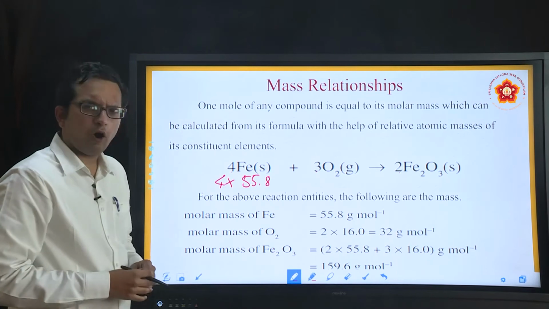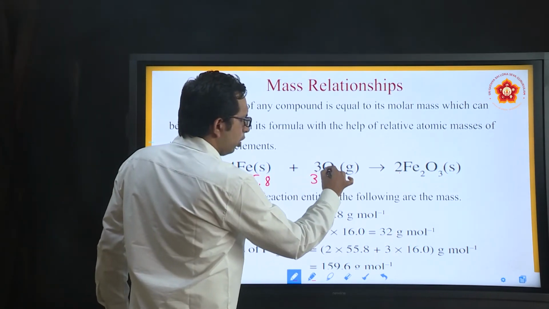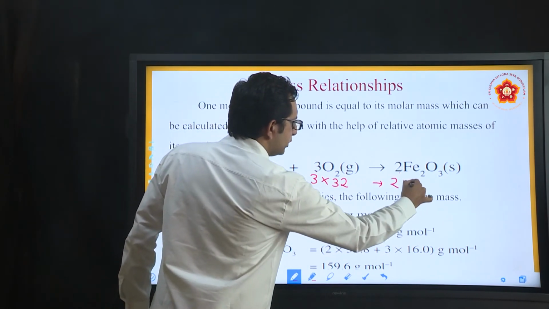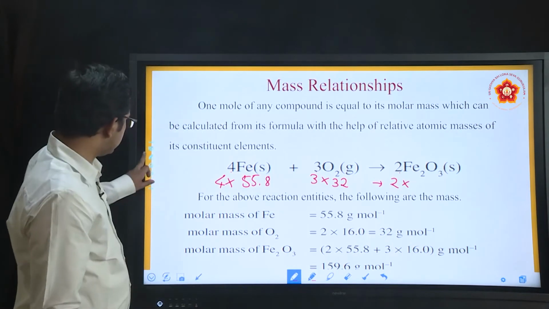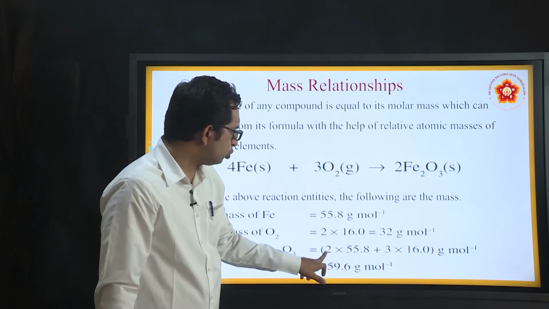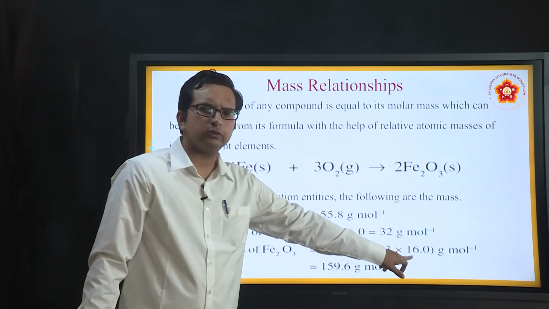Similarly, in case of oxygen, you can see that 3 into, this is a molecule of oxygen O2, so it will be 3 into 32, whereas this will be 2 into Fe2O3. The calculation is shown here for you, because in total you have 2 iron particles and 3 oxygen particles, 16.